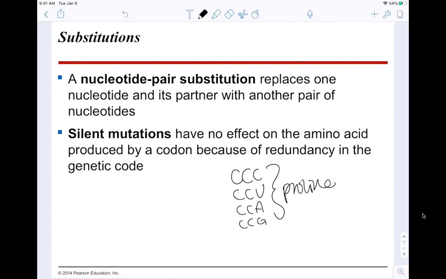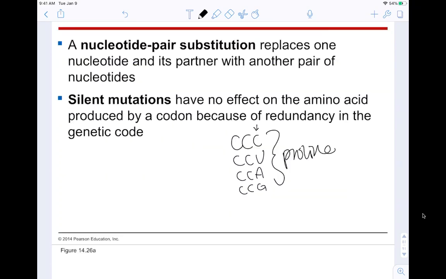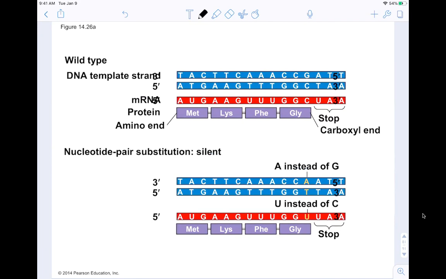So if you have a mutation that occurred here, you would never know because you would still make exactly the same amino acid, proline, which means that your polypeptide is not going to be messed up because it still contains the right pieces. So here's an example of our silent mutation, where you still make the correct amino acid at the end. So there is no issue here, and that's happening here.